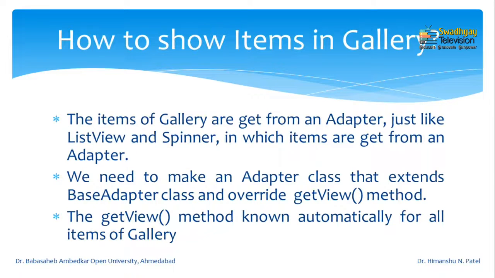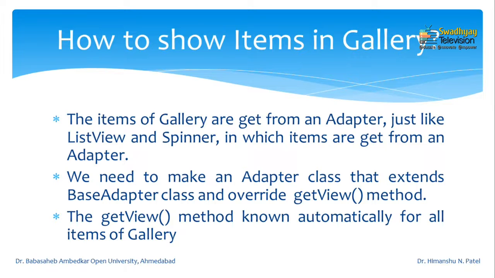How to show items in gallery? The items of gallery are taken from an adapter. We have already discussed how to fetch items inside list view and spinner. So, like list view and spinner, you can get items from an adapter in case of gallery view also. Now, you need to make an adapter class that extends base adapter and override the getView method.